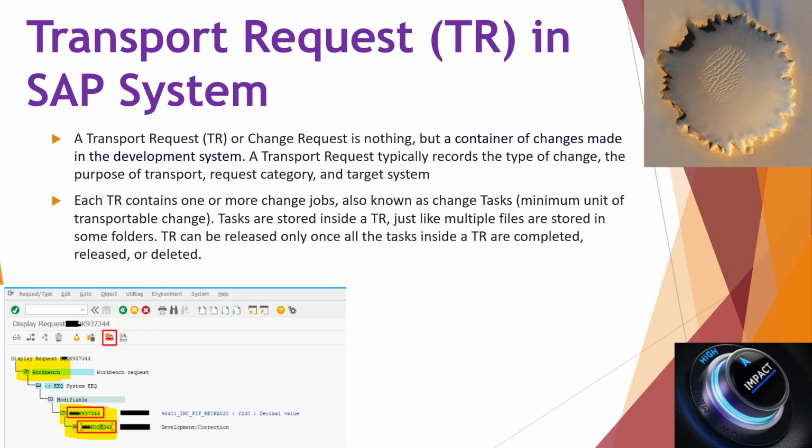All the tasks inside a TR are completed, released, or deleted, as the case may be. A TR is used for all kinds of purposes, not only to add something in the config. Sometimes a TR can also be used to remove something from the config. It goes either way around. So we need to ensure that part.